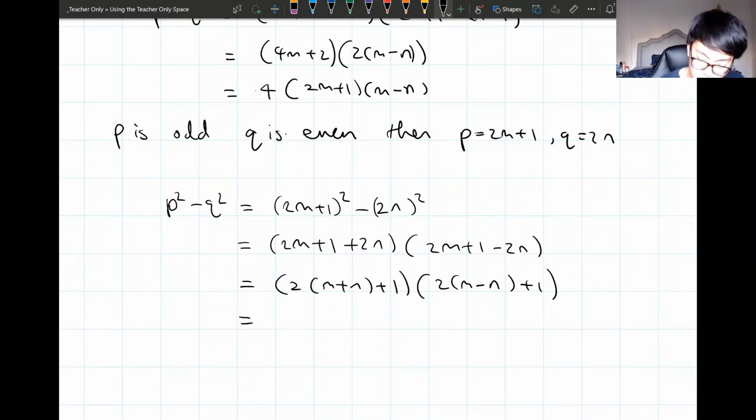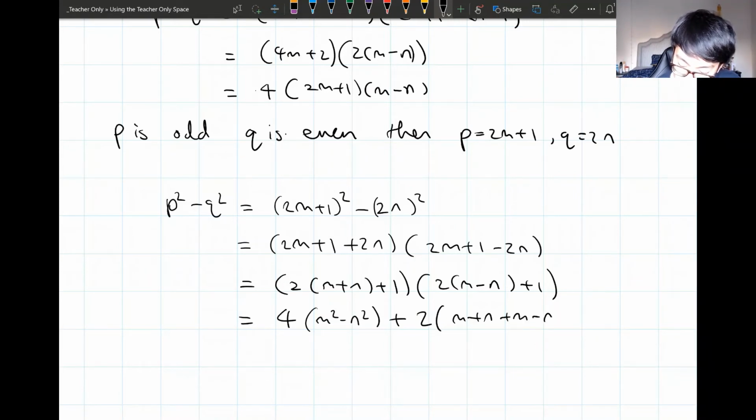Actually, we could have done this a little bit better if we just expanded it without using the difference of two squares here. So this is 4m squared minus 4n squared plus 2m plus 2m minus 2n plus 1, which is 4 times (m squared minus n squared plus m) plus 1.